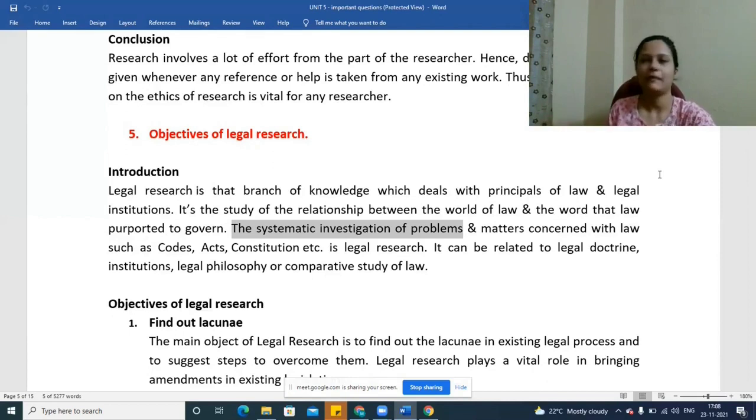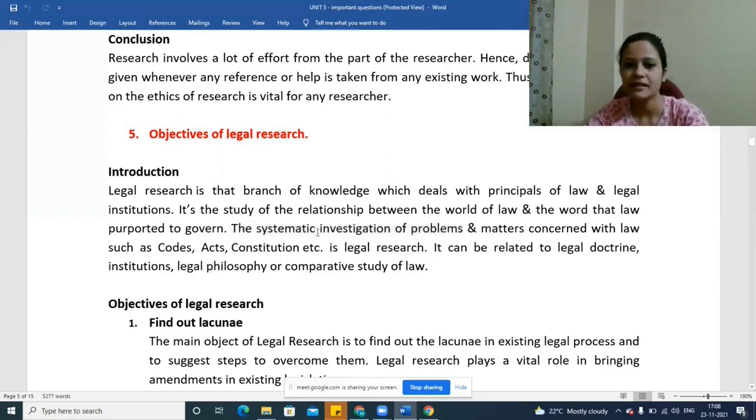Maybe acid attack is growing like anything, and we did not have a specific law relating to it. It was not considered a separate crime. Acid attack in itself was not a crime until a few years back. So the Law Commission of India realized the matter, took up a study and completed it.